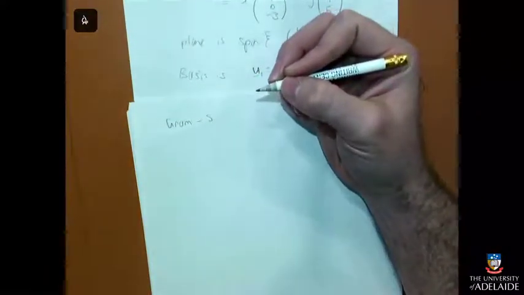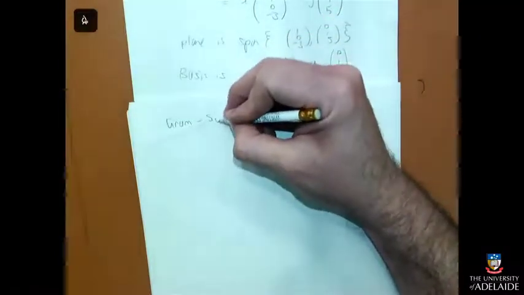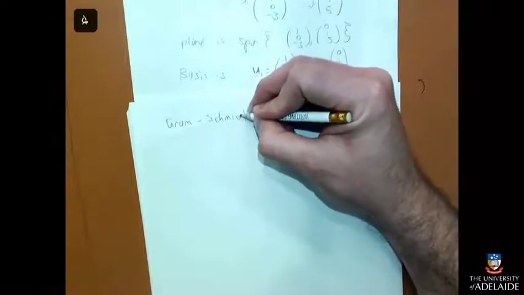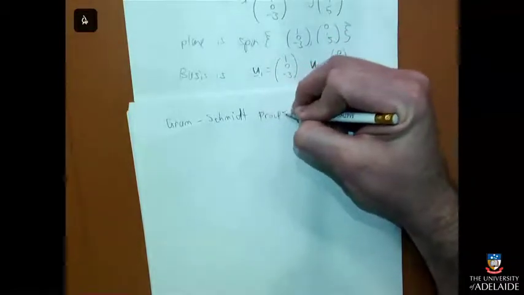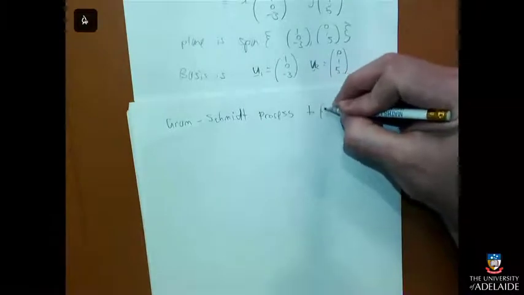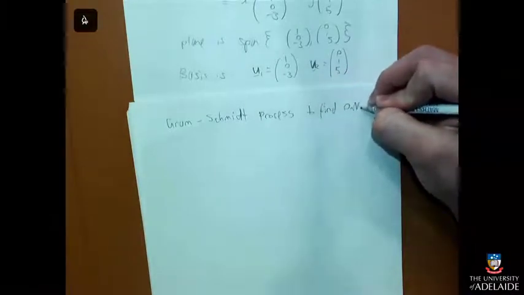I don't know if it's Schmidt or Smit. Is there a D? Okay. Let's put all the silent letters in. Gram-Schmidt process to find an orthonormal basis. Okay, beautiful.